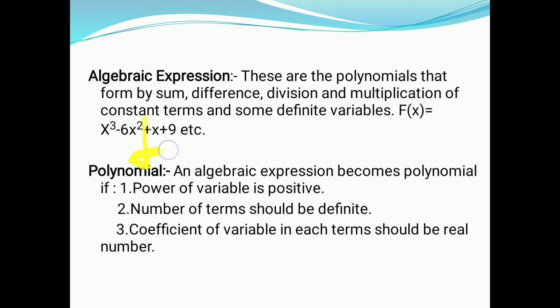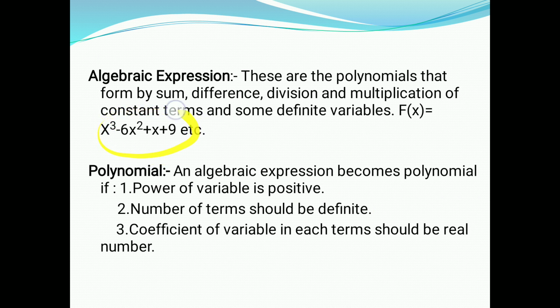So here all the powers are positive, so we can say that this is a polynomial. One condition is satisfied. Let's move on to the next one. The number of terms should be definite. That means there shouldn't be an indefinite or infinite number of terms.